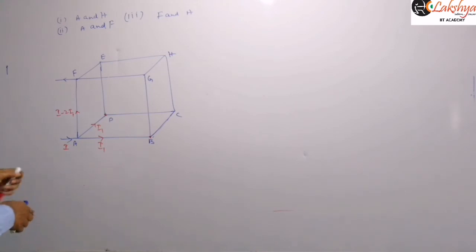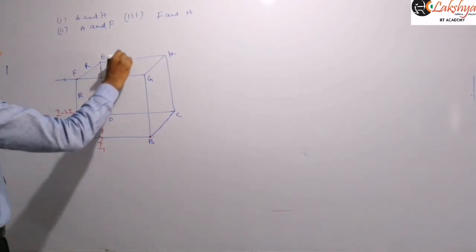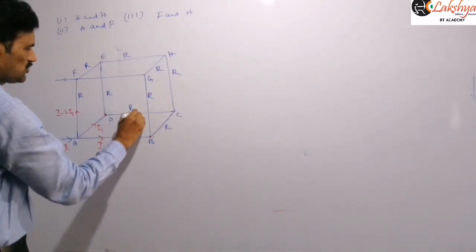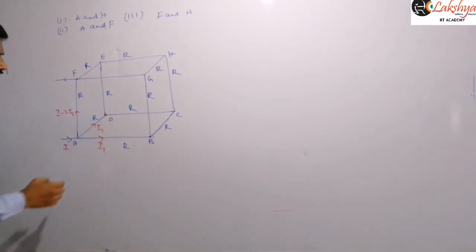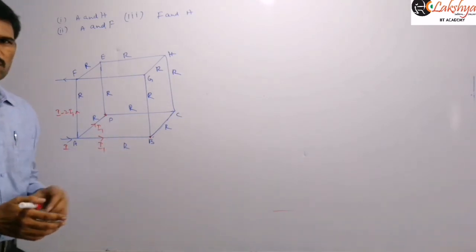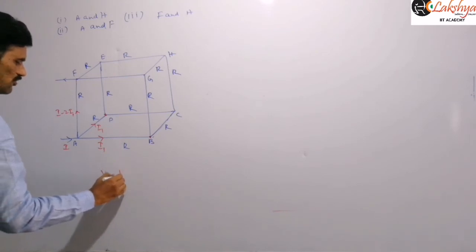R is there for every path here. As I said in the previous problem, between any 2 junctions the resistance is R. So the potential drop between A and D is I1R, and between A and B also I1R. From this I conclude that the potential of B is equal to the potential of D.